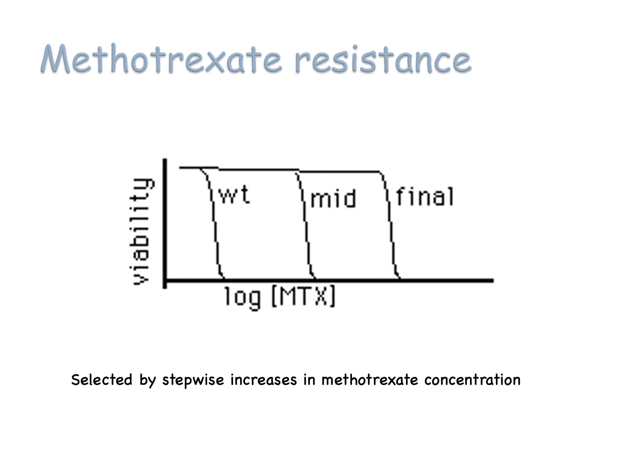And that methotrexate is an analog of folic acid, and so it targets the enzyme dihydrofolate reductase, which is required for thymidine synthesis, as you remember when we talked about nucleotide metabolism.